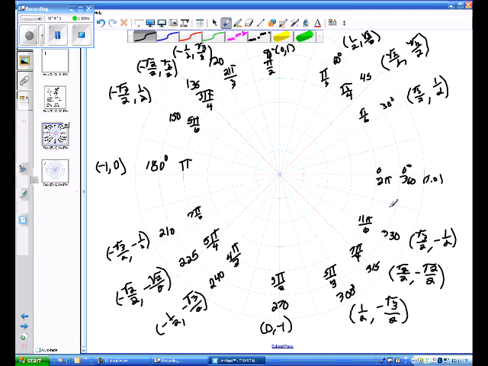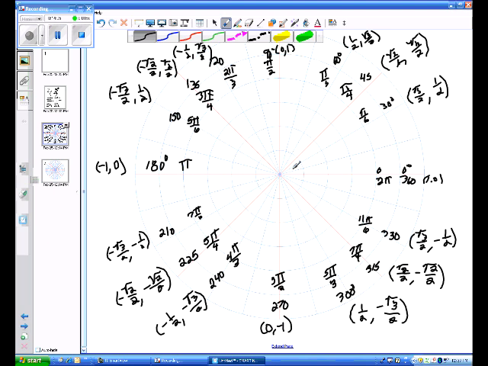And this is one method that a lot of people use in learning their trigonometric identities, and they're able to see the relationship between the angles that have the same reference angle. So 30 degrees is the same as 150 degrees, but you're in the second quadrant.